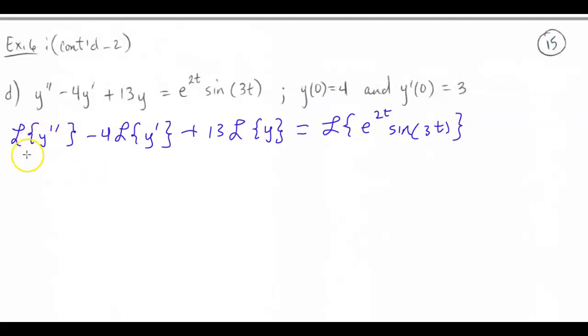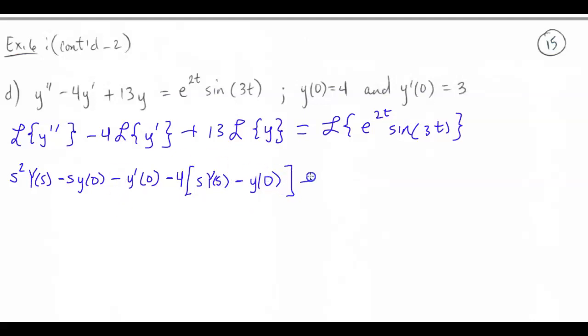So of course, for the second derivative, we know this is going to be s squared big Y of s minus s y of 0 minus y prime of 0. For our next term, negative 4 times the Laplace transform of the first derivative, which is just s times big Y of s minus y of 0. And then 13 times just big Y of s.